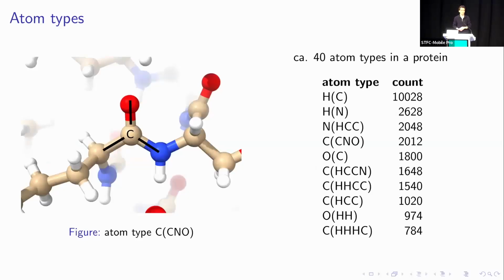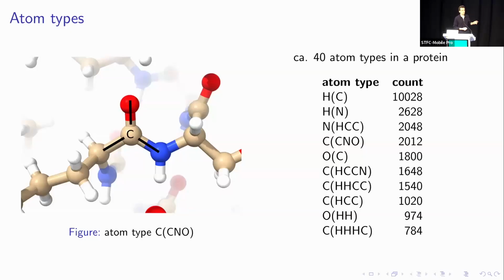Here I have an example of how atom typing works. So let's say you have this backbone carbon atom. So our algorithm would assign the atom type carbon bonded to carbon, nitrogen, and oxygen to this atom. And it would be grouped with other atoms that have the same set of neighbors.